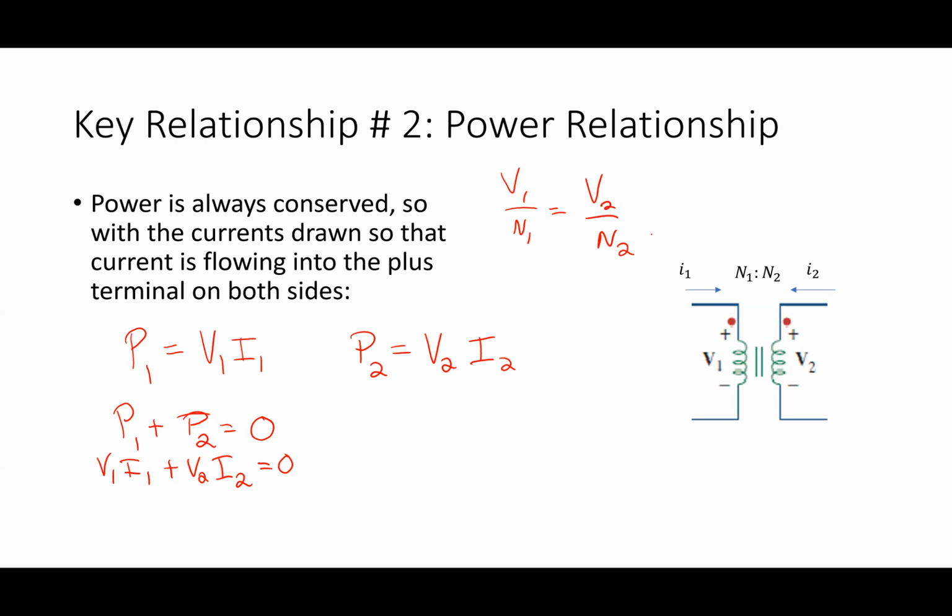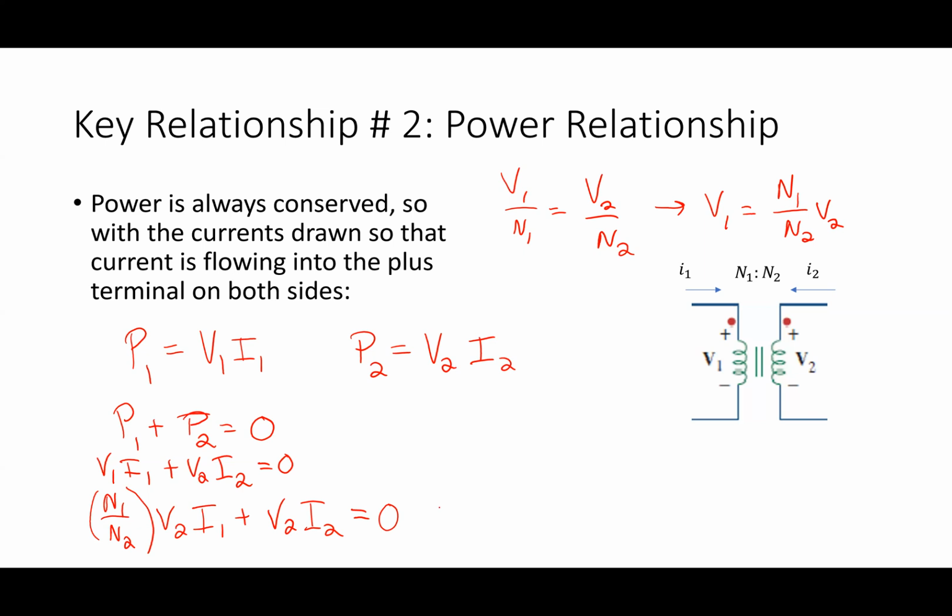So what should I do to help me out here? If I want to figure out the relationship between the currents, what should I do next? Let's plug in V1 equals N1 over N2 times V2. So I get N1 over N2 times V2 times I1 plus V2 I2 equals 0.